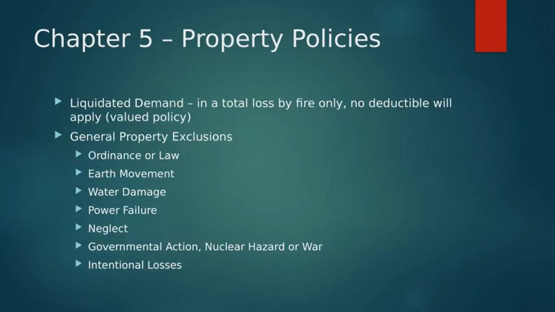All right, some exclusions on the property policies. The first one is what we call ordinance or law. Typically, this applies to what we call building codes, right? So if you had a building that was built back in the 30s, that was before insulated electrical wire was used, they would call that 3-wire. These are exposed wires, and new laws require that those be updated to insulated wires for fire safety hazards.